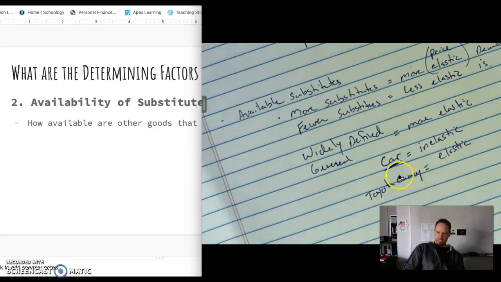There's a bunch of different options or substitutes for a Toyota Camry, making it more elastic, right? More substitutes, more elastic. Not a lot of substitutes for a car, inelastic. Quite a few substitutes for a specifically defined car like a Toyota Camry, making it elastic. So more substitutes, more elastic; fewer substitutes, less elastic.